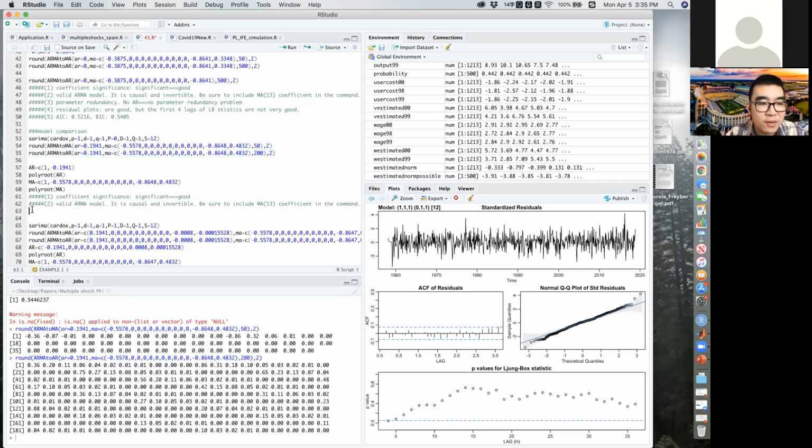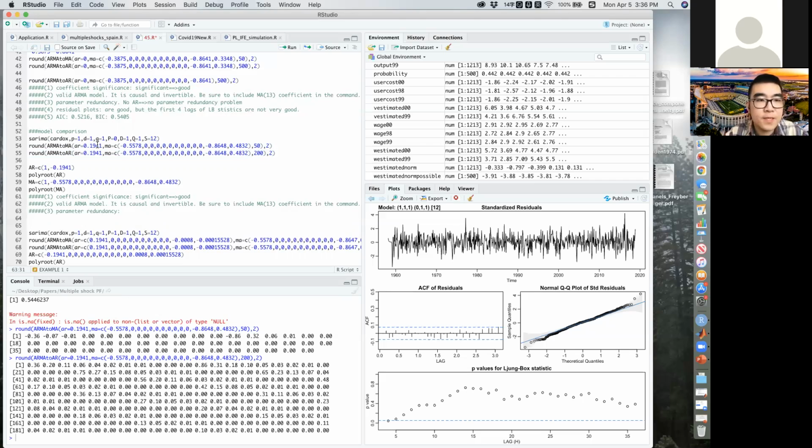And number 4 is that we want to check if there's any parameter redundancy. Note here, since right now we have this AR part, there might be some parameter redundancy from here. So let's first check the AR.